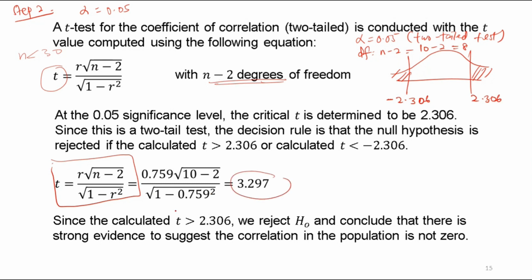Okay, so we get the value 3.297. Since 3.297 falls in this rejection region, you need to reject the null hypothesis and then conclude that there is strong evidence to suggest the correlation in the population is not zero. So that means we accept rho is not equal to 0.